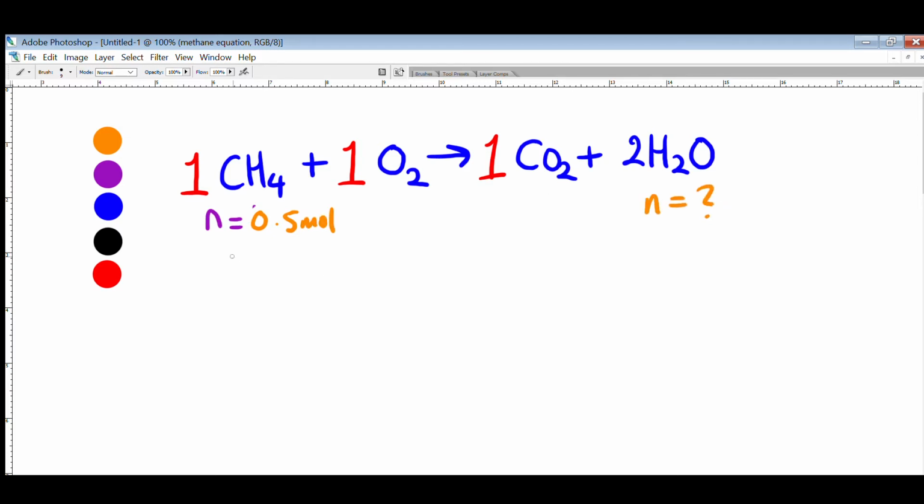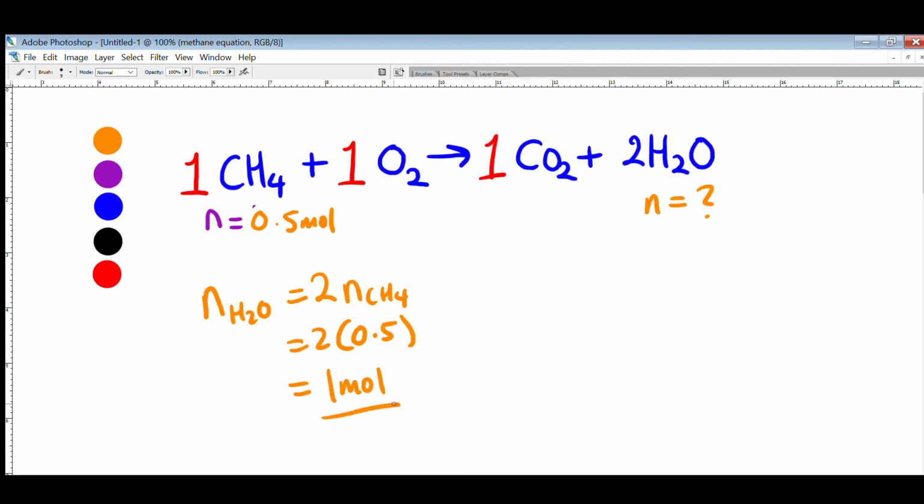So this time we have a 1-to-2 ratio, which means for every one of this CH4 that reacts is going to produce 2 waters, which means the moles of water will be equal to 2 times the moles of CH4. Which is 2 multiplied by 0.5, which gives us 1 mole.